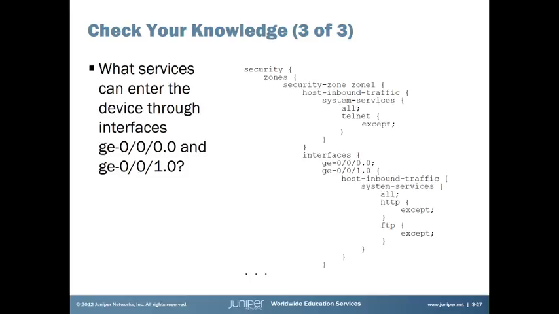So interface 000, everything except telnet; 001, everything except HTTP and FTP. It's just more specific, so more specific totally overrides the high level, less specific configuration. In other words, we are not going to get telnet in on 001 just because it's up here in the zone. Sorry, that's more specific, it's going to override that.